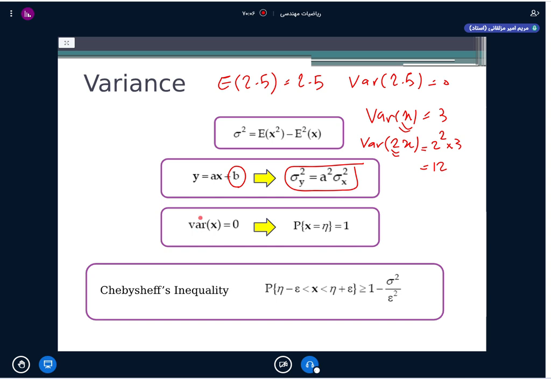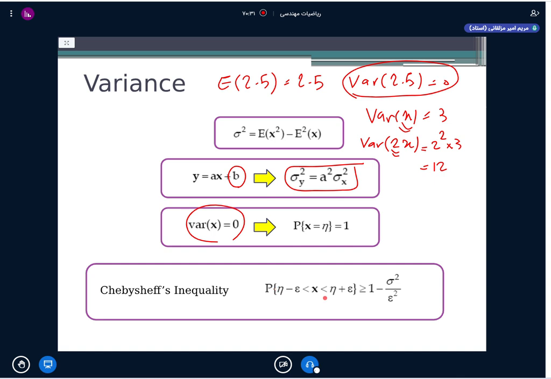If variance of a random variable is equal to 0, it means that the probability that the random variable is equal to expectation is equal to 1. It means that this is a constant value. Variance is equal to 0 if we are faced with a constant value. Okay, variance is 0 for constant value.